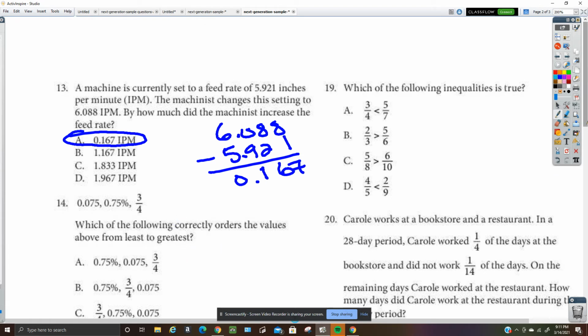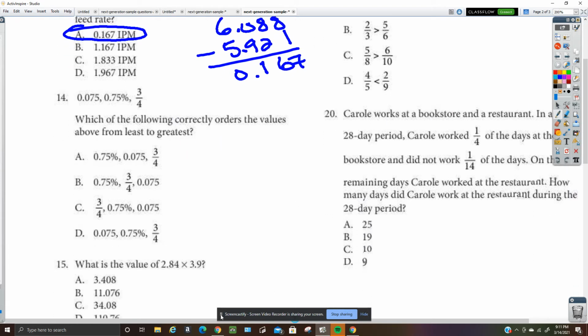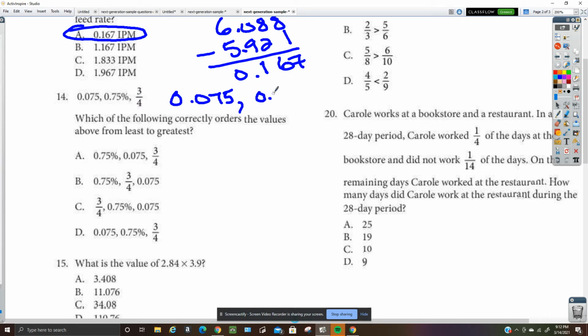So on number 14 here, you want to change 3/4 to... so first one, 0.075, I'm not doing anything to that. And then 75% would be, add 2 zeros here, and then 3/4 is 0.75.